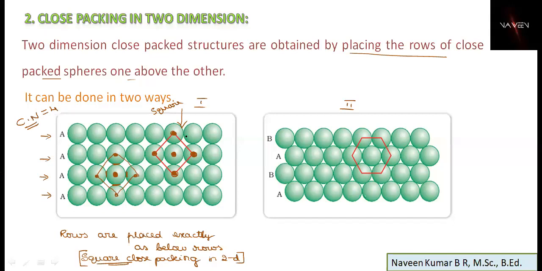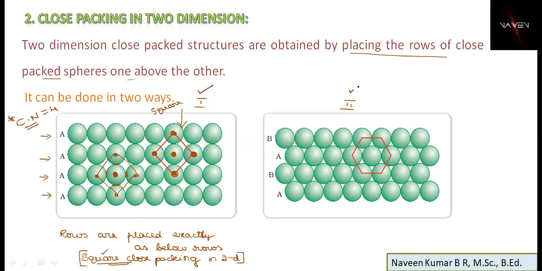Whatever particles you take in the two-dimensional arrangement of the layers placed exactly one above the other, that is, the rows placed exactly one above the other, we are going to get a square close pattern. So this kind of arrangement is called a two-dimensional square close packing, where the coordination number in the arrangement will be 4. So this is the first possible way of arrangement.